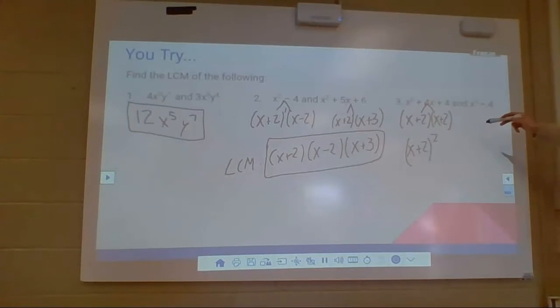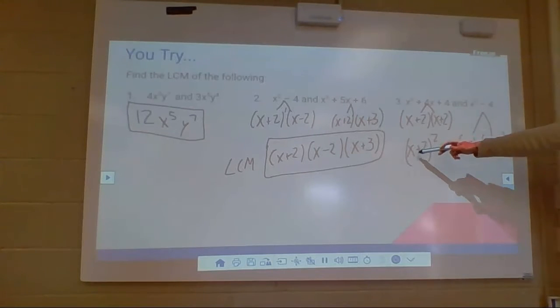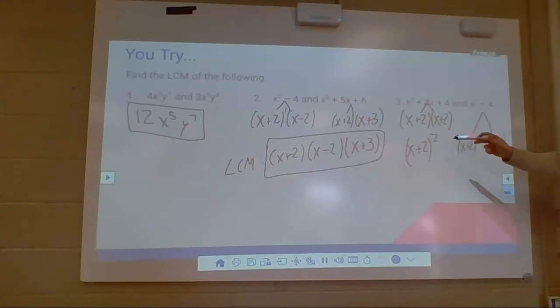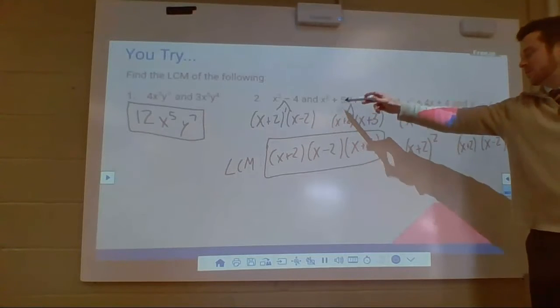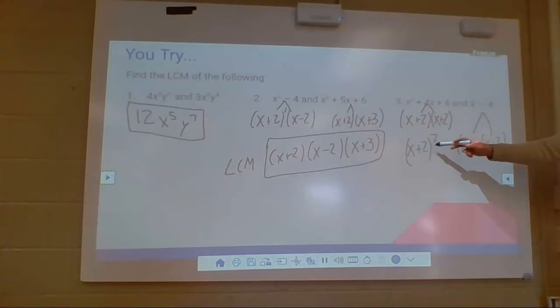All right. And so x squared minus 4 is going to factor as x plus 2 times x minus 2. So now we see x plus 2 in both of these, just like we did on number 2. However, the difference here is that this one has a power of 2.